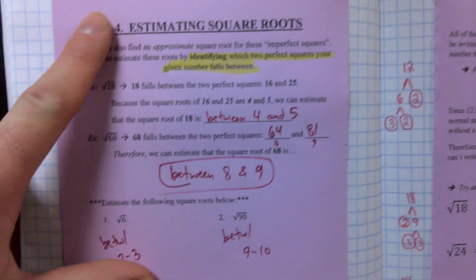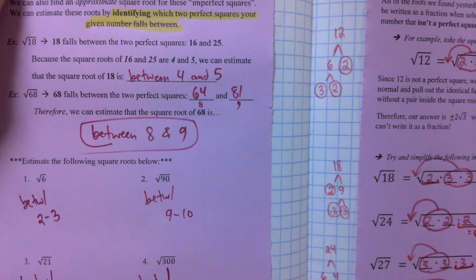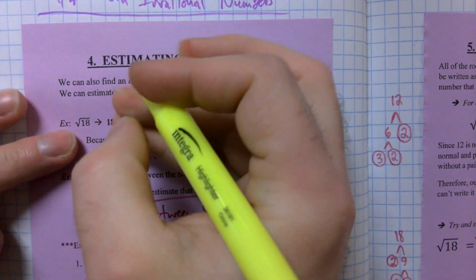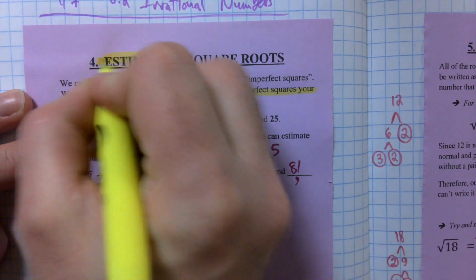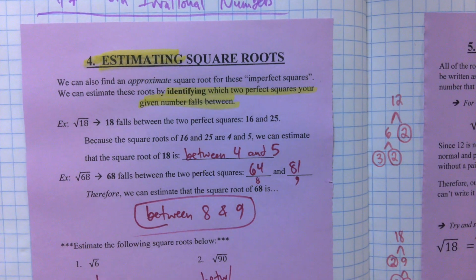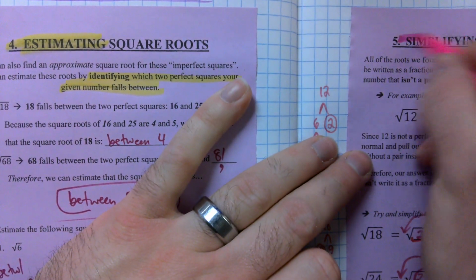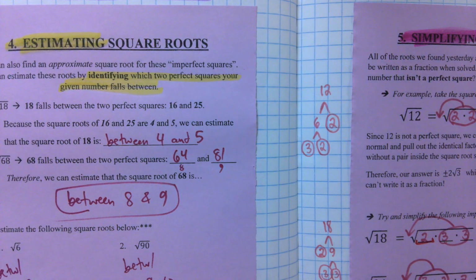Remember, do you guys have 2 highlighters? Real quick, go ahead and take them out. On the 4th note page, I want you to highlight estimating in yellow. And on the 5th note page, I want you to highlight simplifying in pink.